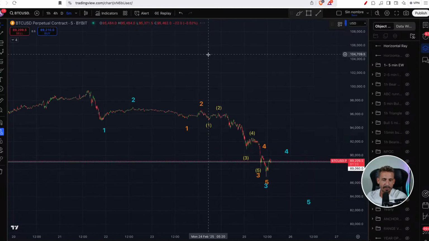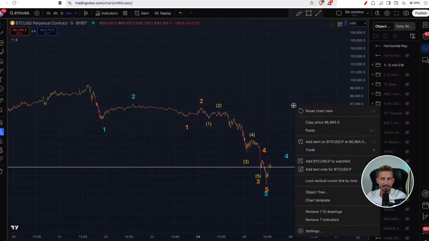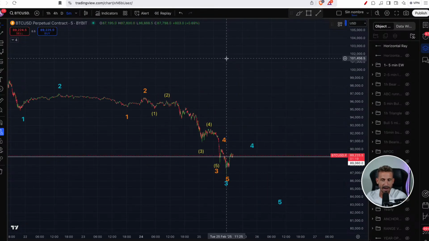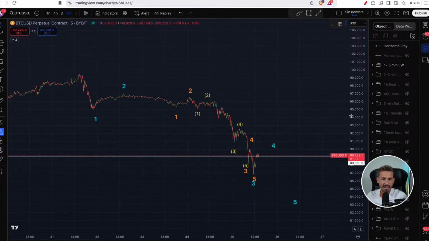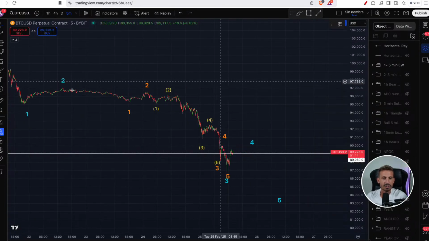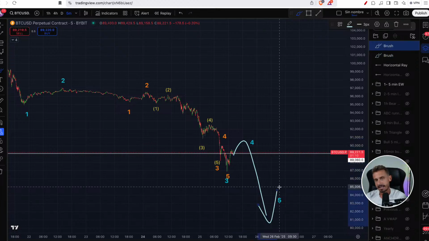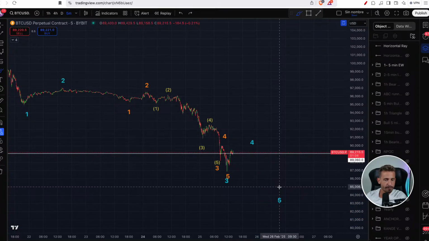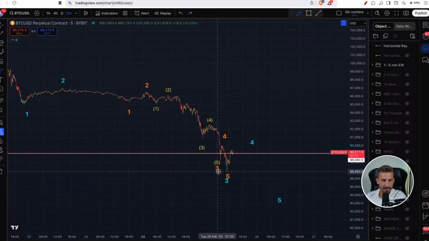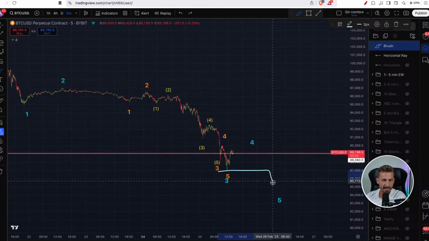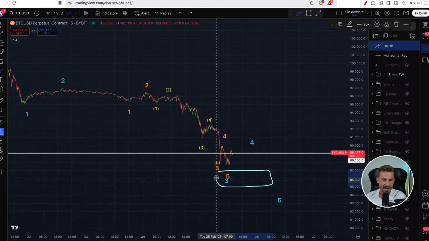For all of those bears out there that are leaning bearish and say that this is only a small little dead cat bounce, that we are going to go lower and down to sub $80,000, I can tell you one thing. I do favor the possibility of testing the lows, maybe hitting 86,000, maybe 85,000.